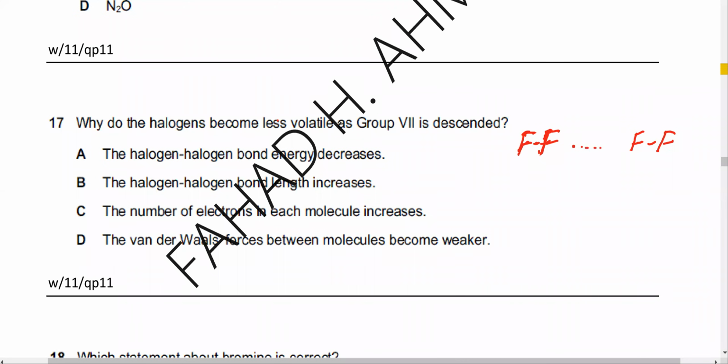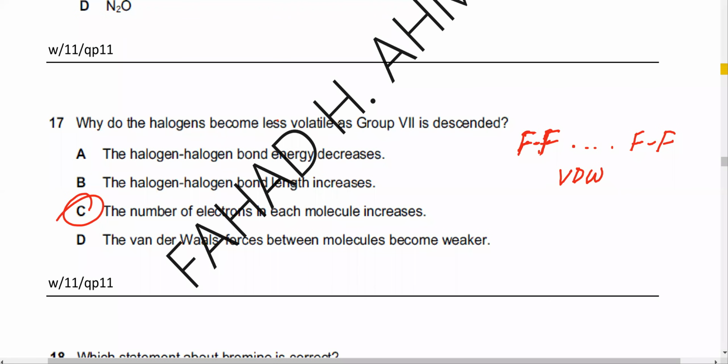The intermolecular force is van der Waals forces. And what happens to the van der Waals forces when you descend the group? They become stronger. Why? Because the number of electrons is more.